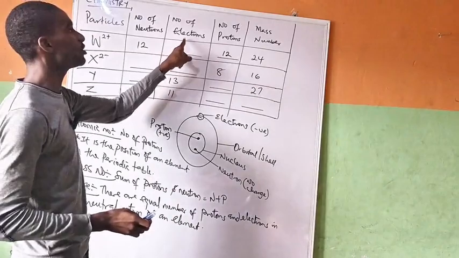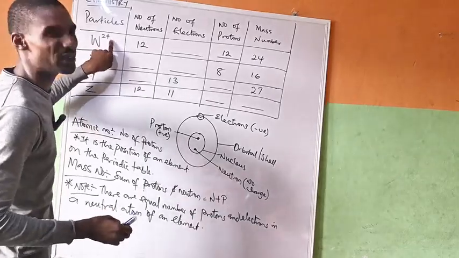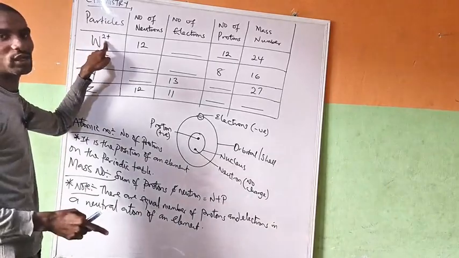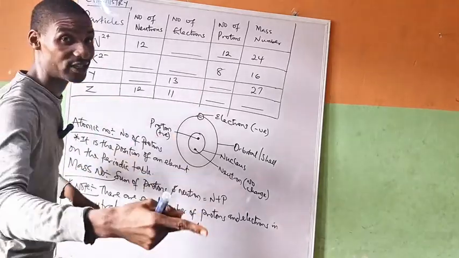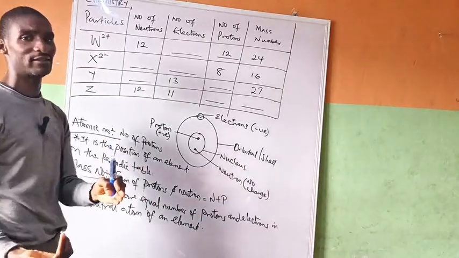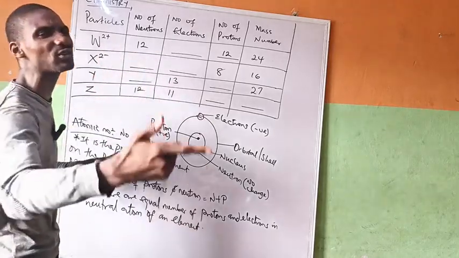Now let's get to know the number of electrons. This 2 plus means it has given out 2 electrons. It has lost 2 electrons. Anytime an ion is carrying positive charge, it has lost electrons. Givers are positive, borrowers are negative. So the fact that this one is carrying 2 plus means it has given out 2 electrons.